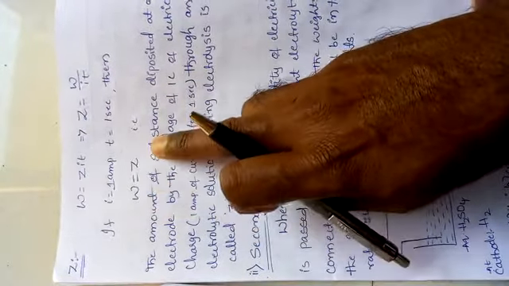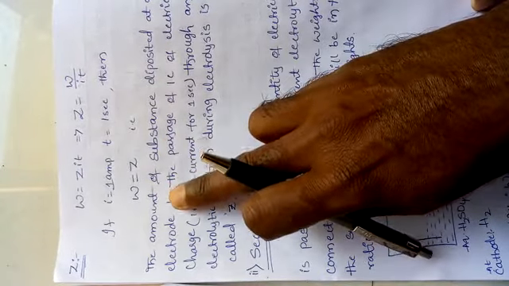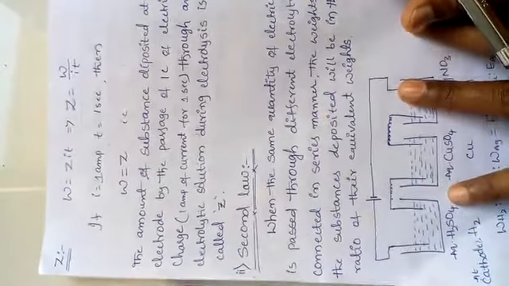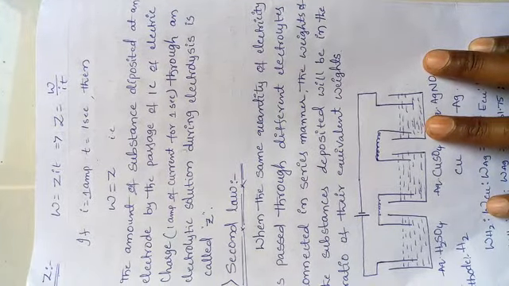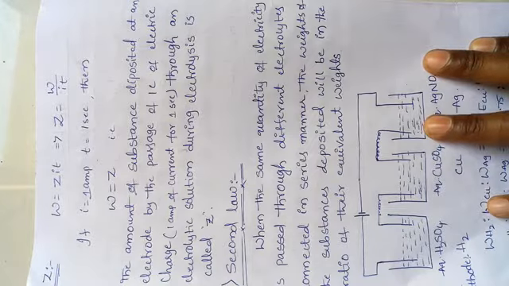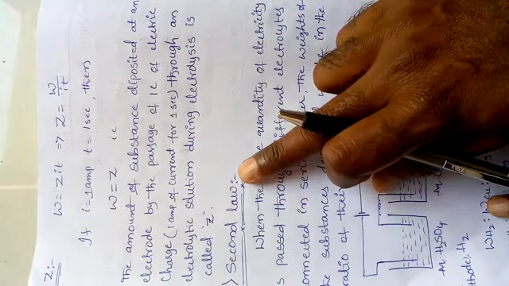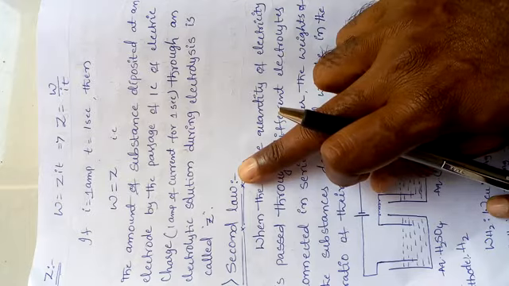If I is 1 ampere and T is 1 second, that means if you pass 1 ampere current for 1 second, then W is equal to Z. This is the definition of electrochemical equivalent: the amount of substance deposited at an electrode by the passage of 1 coulomb of electrical charge. 1 coulomb means 1 ampere of current for 1 second, through an electrolyte solution during electrolysis. That is the definition of Z.